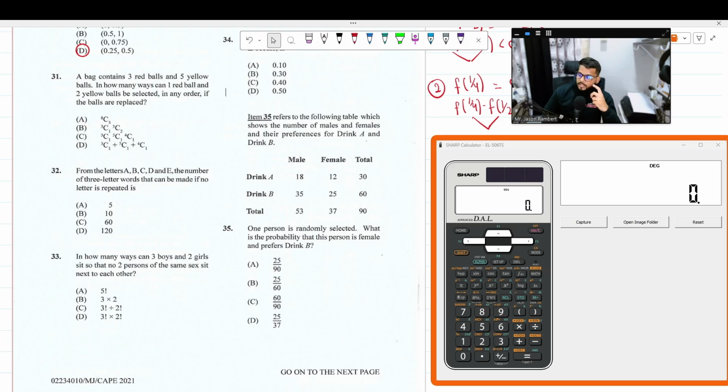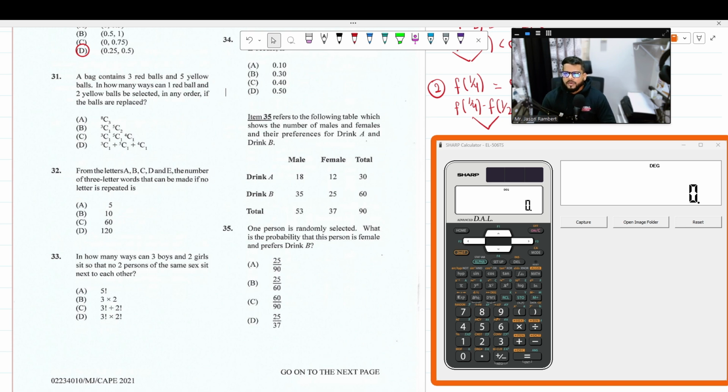All right, the last one is if they say, what's the probability of picking either a red ball or 1 yellow from the bag. Remember, or is add and is multiply. So there's no correct answer for this one here.